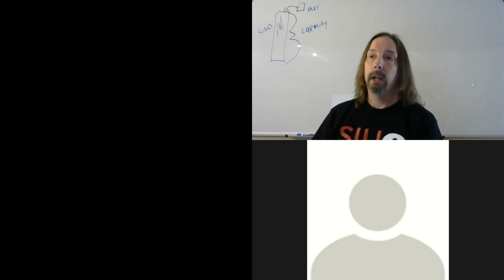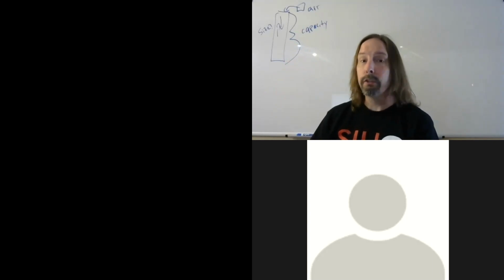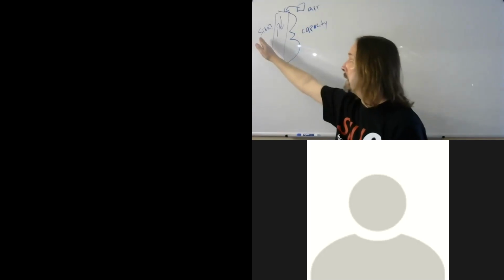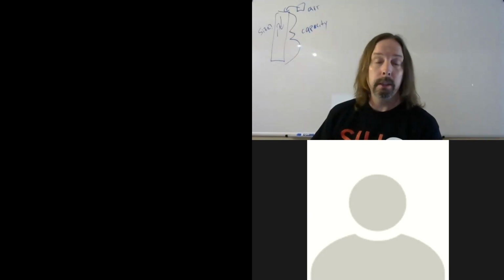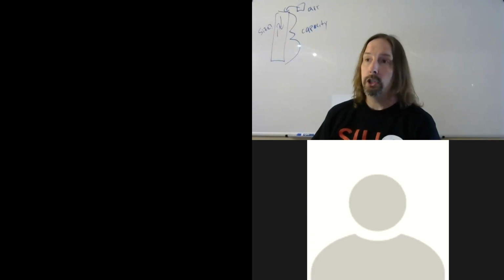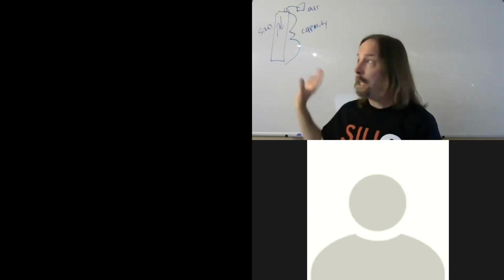Okay? And we can determine if the list is full by comparing size and capacity. And if those are equal, then the list is full. We can check to see if it's empty to see if size is equal to 0. So some of these methods are super easy. So that's what we're going to do.